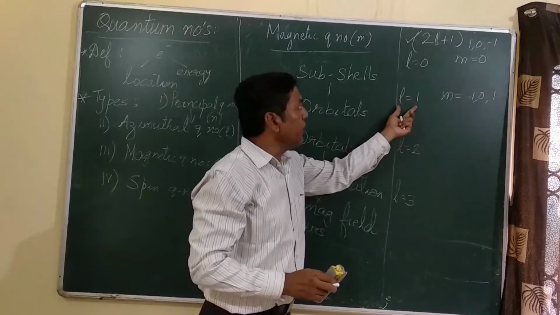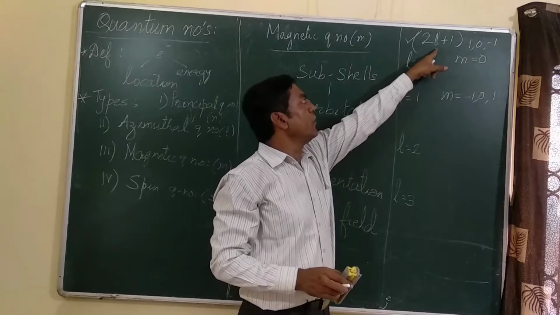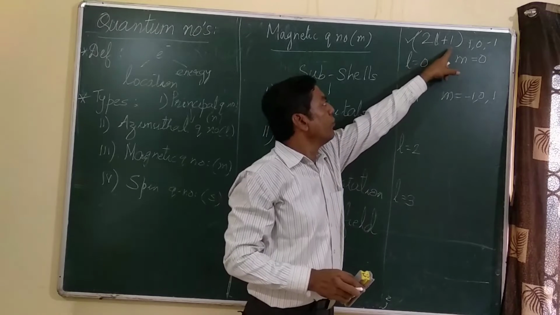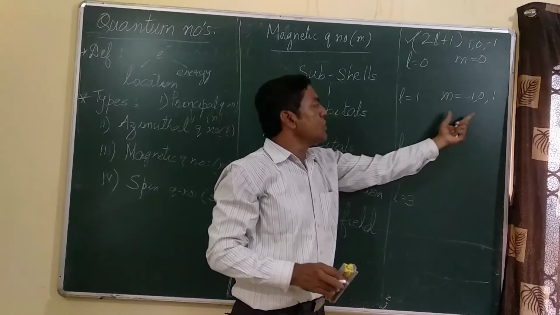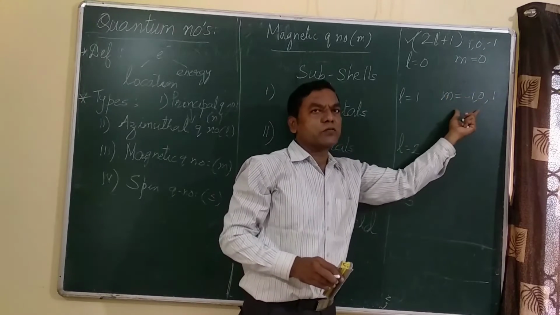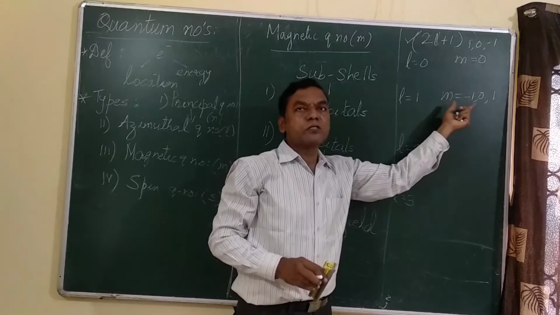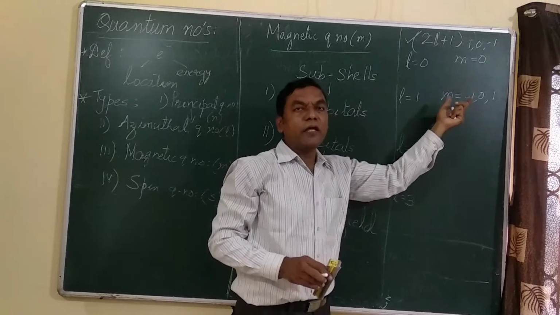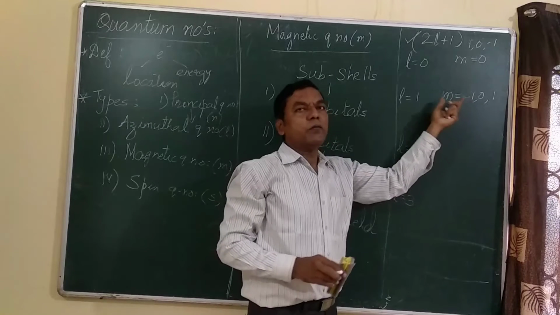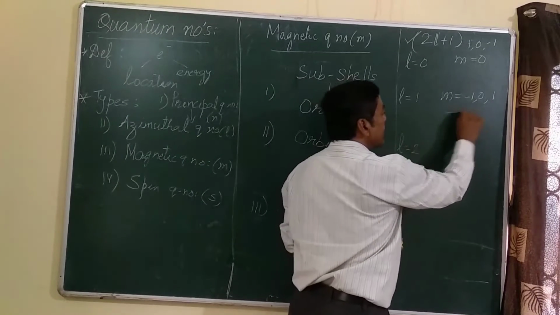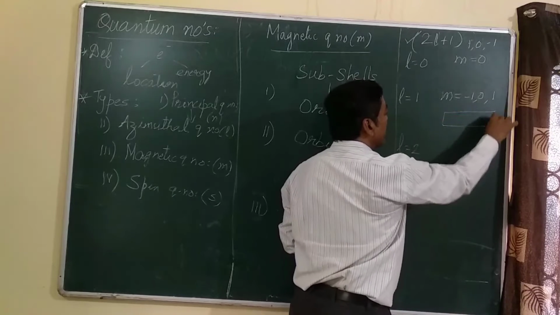Similarly, if L is equal to 1, again putting the value here, 2 into 1 is 2, plus 1 is 3. So here we are getting 3 possible values. So the P subshell will have 3 possible orientations. And therefore we said that the P orbital can be represented as Px, Py and Pz orbitals.